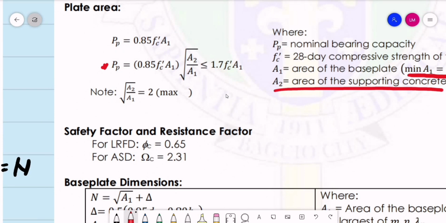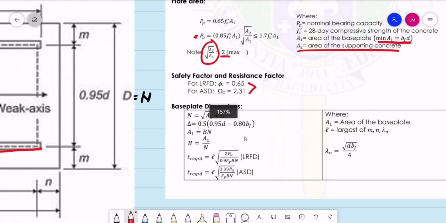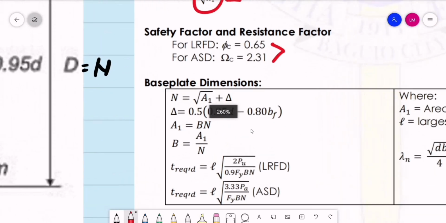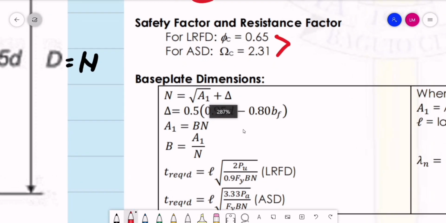So we have the limit of this factor, the square root of area 2 over area 1, should be a maximum of 2. For bearing stress, we have our reduction factor, 0.65 for LRFD, and ASD is 2.31. Again, the D dimension of our base plate is the same as N. That is equal to the square root of area 1, the area of the base plate, times delta.